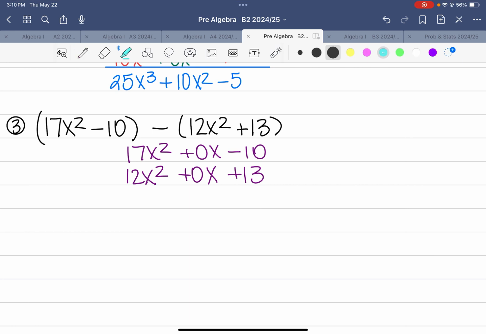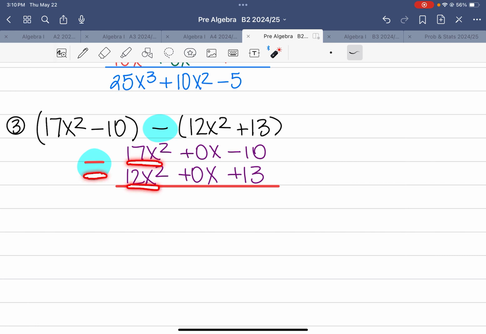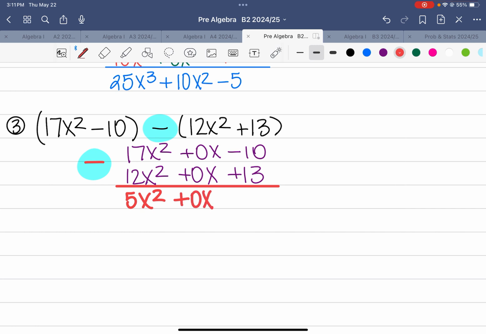What am I doing with these two sets of parentheses? I am subtracting. So that's a big difference in this problem. I need to subtract. So I'm going to take 17x squared minus 12x squared, and I'm going to get 5x squared. 0x minus 0x gives me 0x.